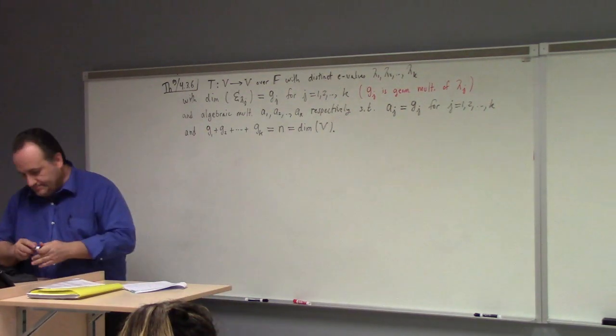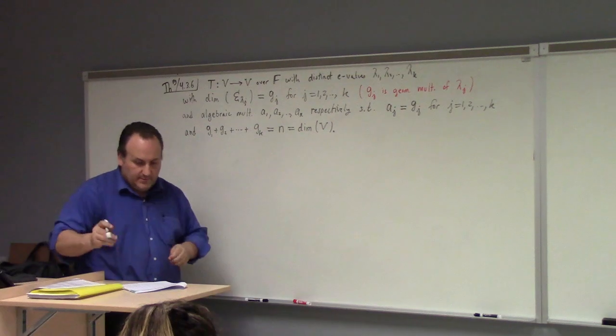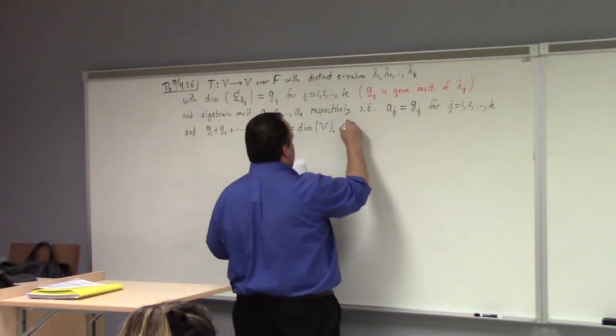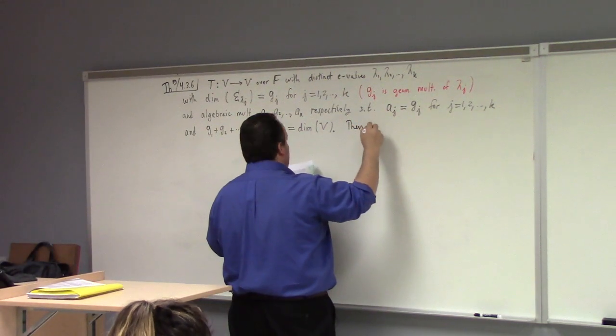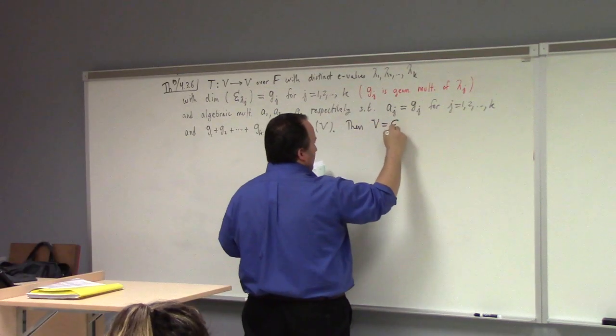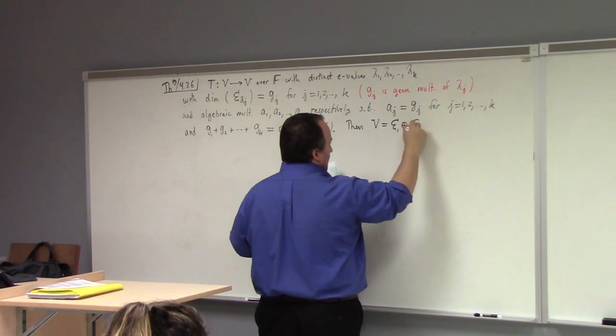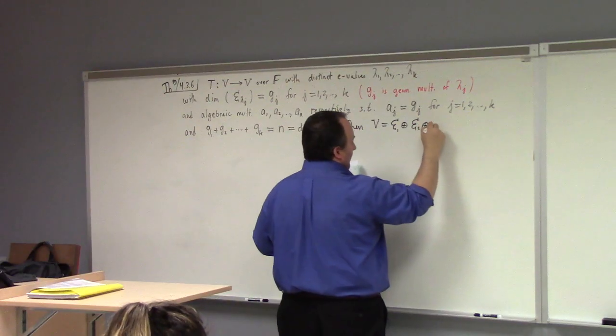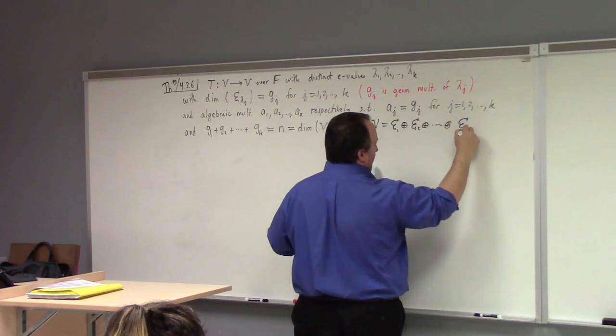Well then V is the internal direct sum of the eigenspaces. All right.